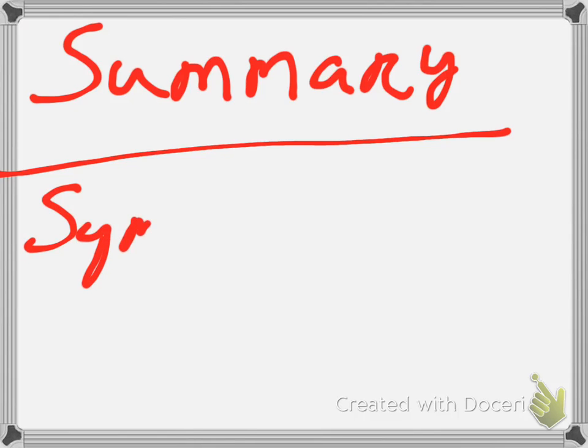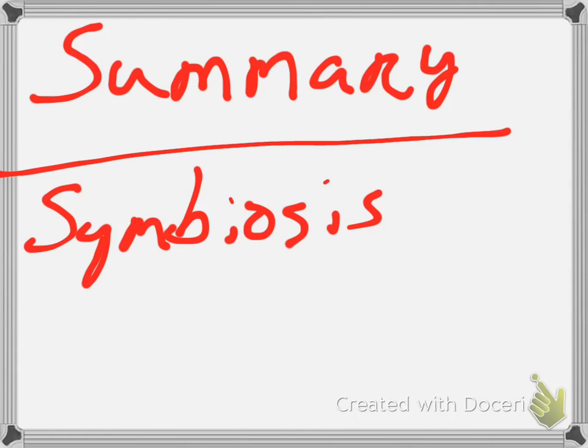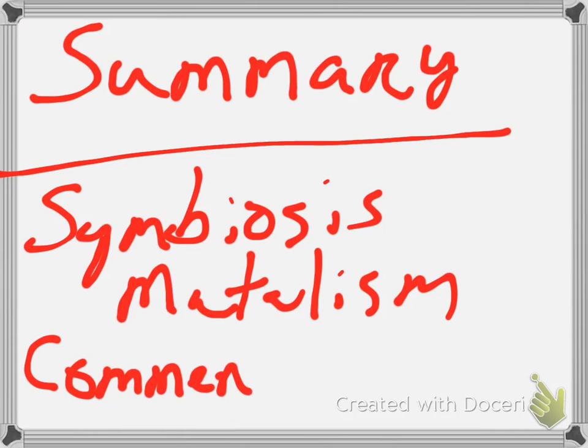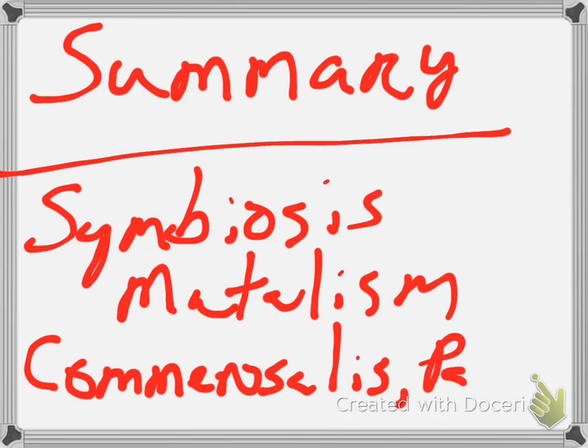Symbiosis. Close relationship between two species in which at least one benefits. Alright? Then just basically difference between mutualism, commensalism, and parasitism. Okay.